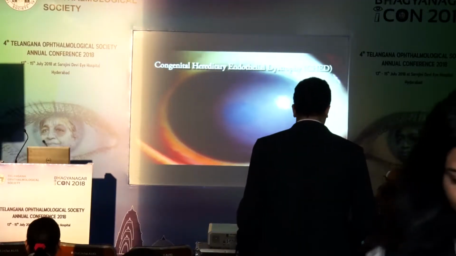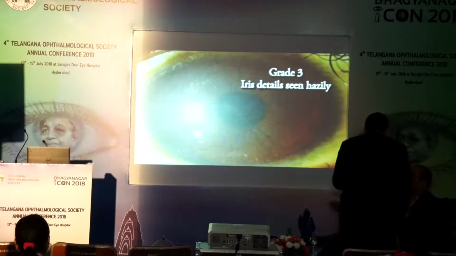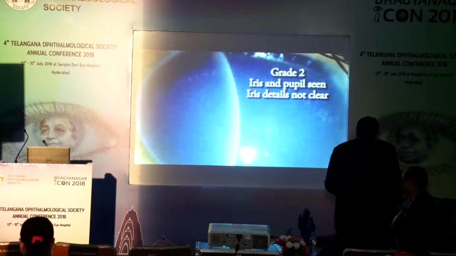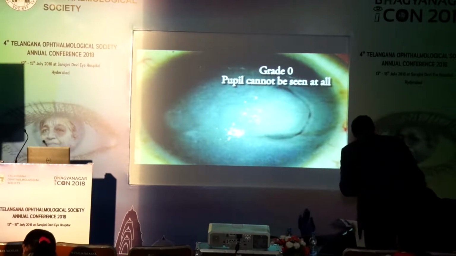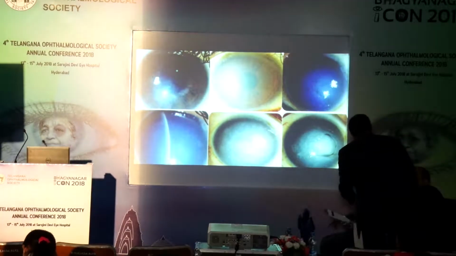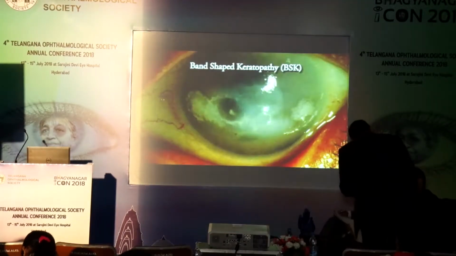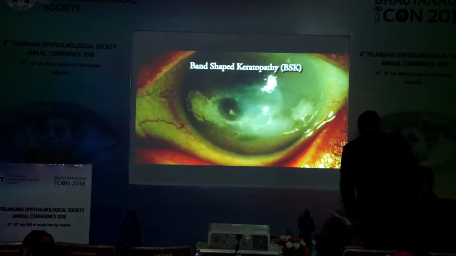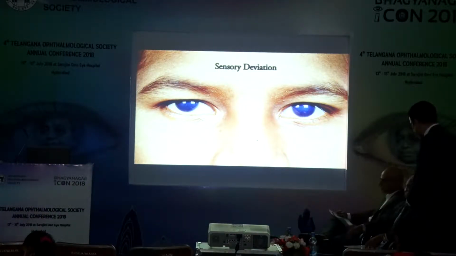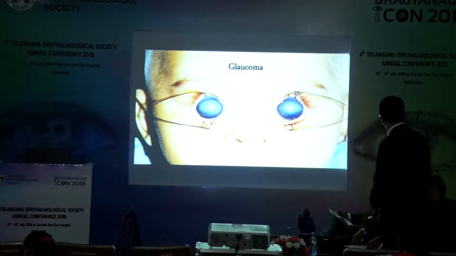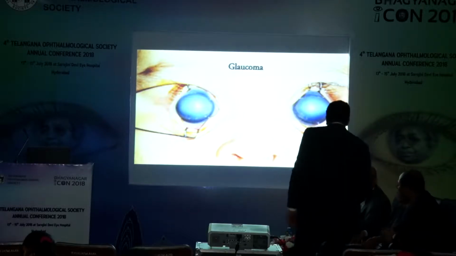Hereditary endothelial dystrophy is characterized by bilateral diffuse corneal thickening associated with a varying degree of stromal opacification due to endothelial dysfunction. The severity of the stromal scarring, extent of degenerative pannus formation, secondary changes like band-shaped keratopathy, presence of nystagmus, sensory deviations due to late presentation, and associated comorbidities like glaucoma are poor prognostic factors.